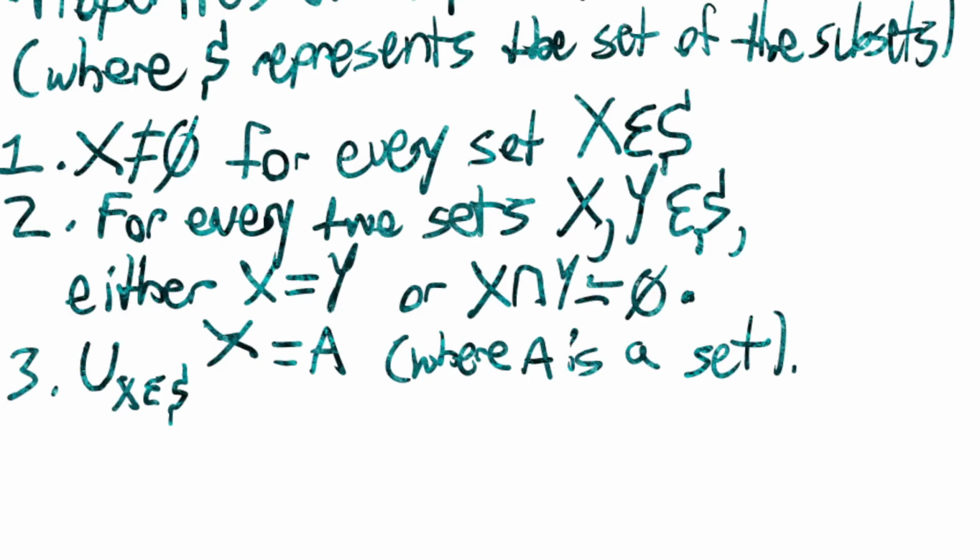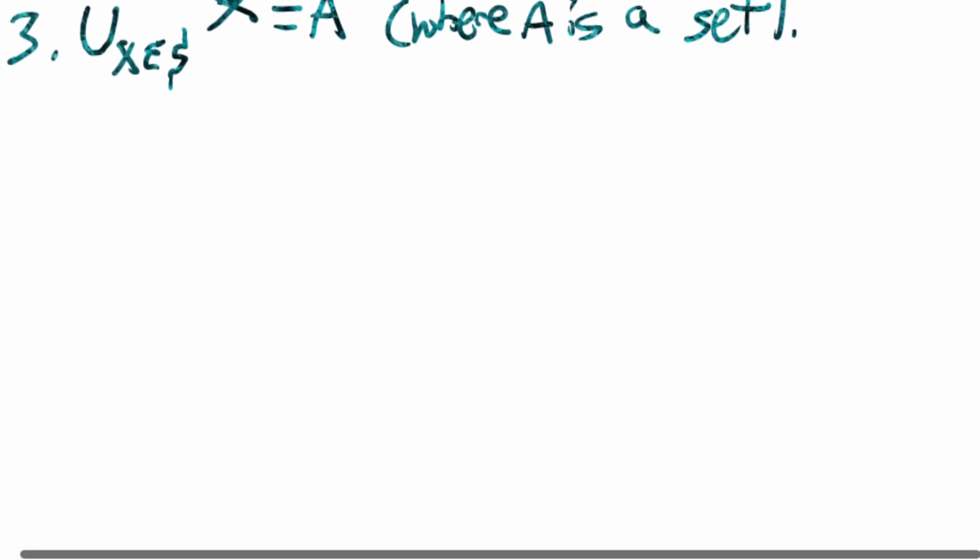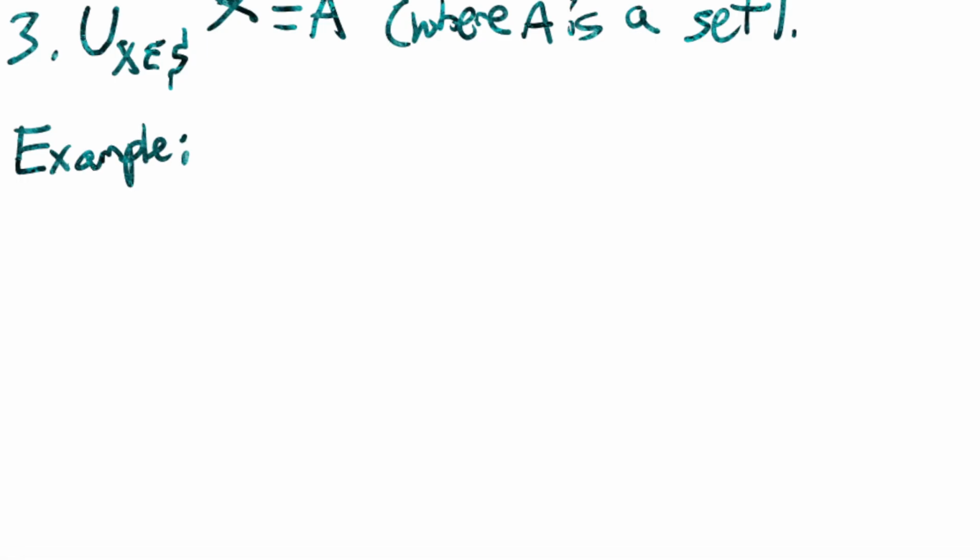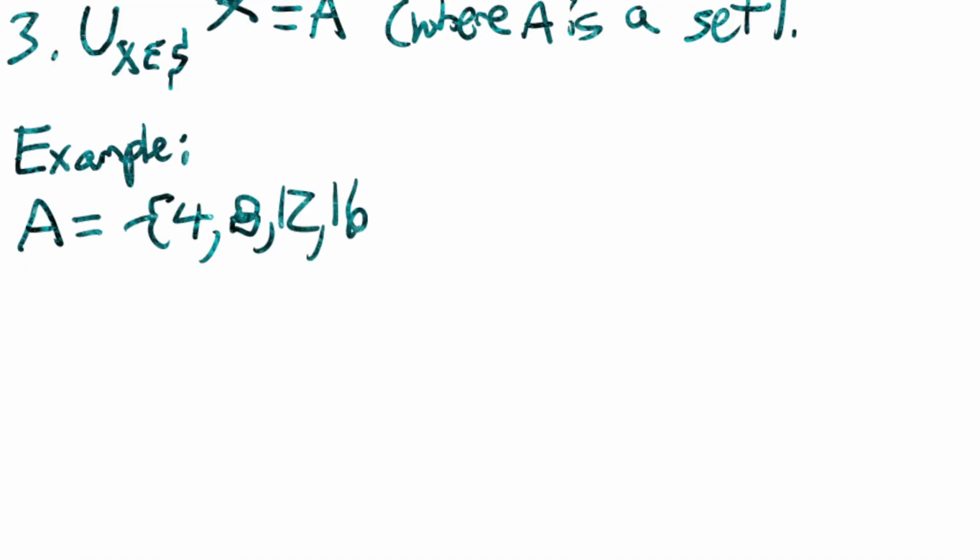So here is an example that we will look at. Say we have the set A with elements 4, 8, 12, 16, and then we have the set S1, and these are its elements.